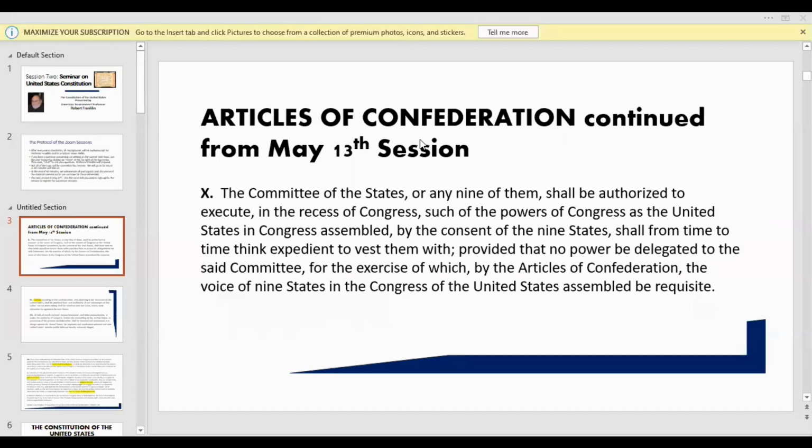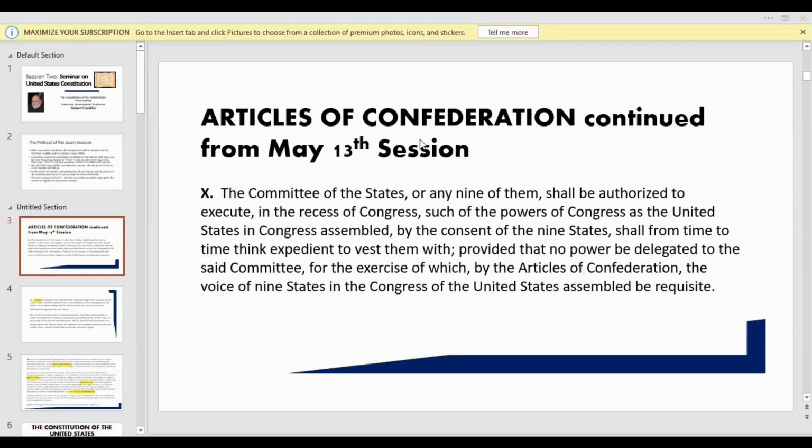So it doesn't matter if you're a small state like Rhode Island or a big state like Virginia, everybody had an equal voice. We'll talk about the problems of that when we get to the Constitution. Anyway, that was the way they operated. And as soon as 9 states agreed on something, it would be enacted.